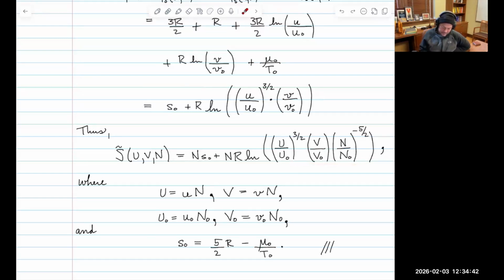I'm running out of time, so I'm going to leave it up to you to figure out how to do that. I've introduced also units for the number of moles. I think the way I did it was I defined this quantity so that little u is equal to u naught over n naught, and I use the same normalization here.